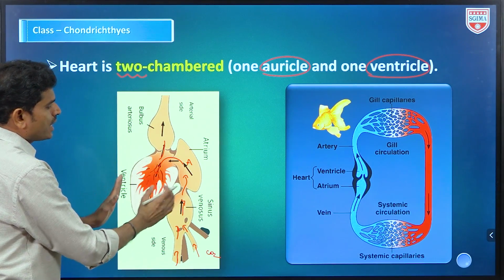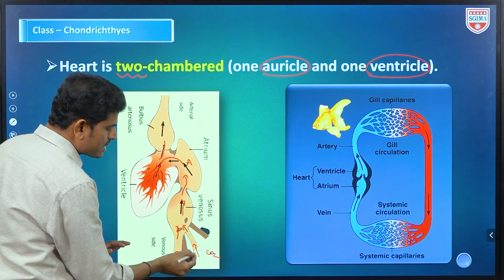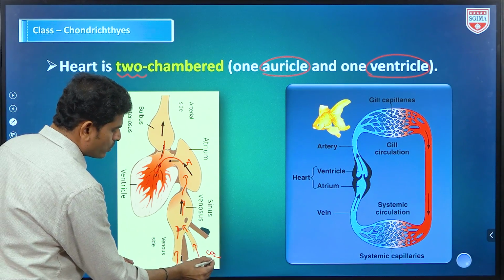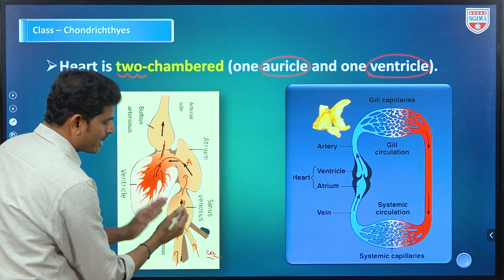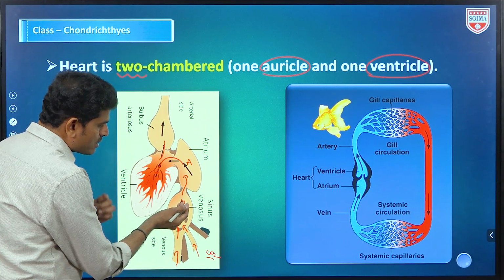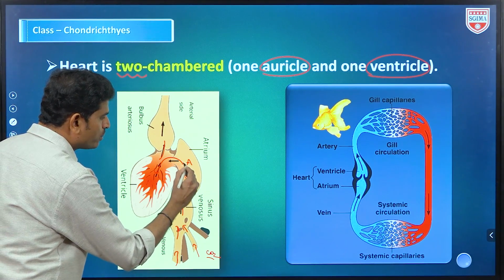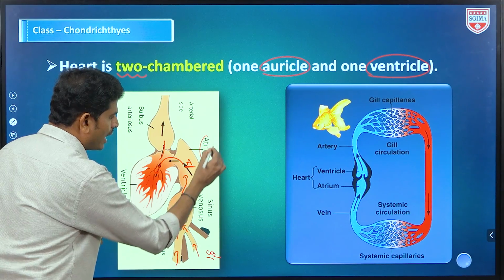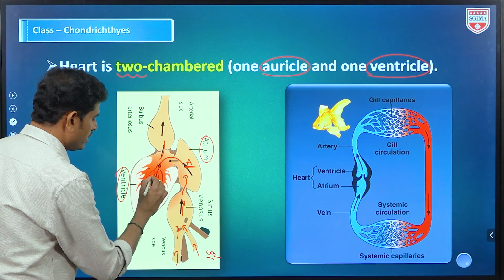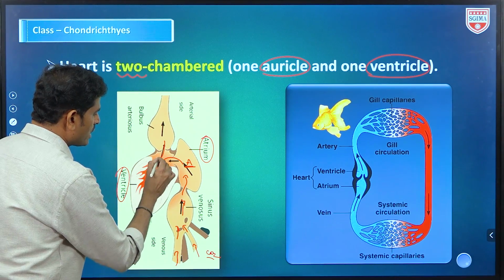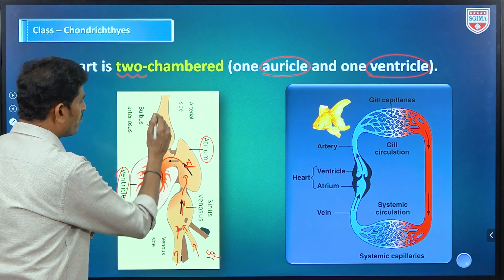This is the internal structure of the heart. The CO2 blood is collected totally into the sinus venosus. The sinus venosus directs the blood into the atrium, and from the atrium to the ventricle. From the ventricle, the blood is pumped outside.